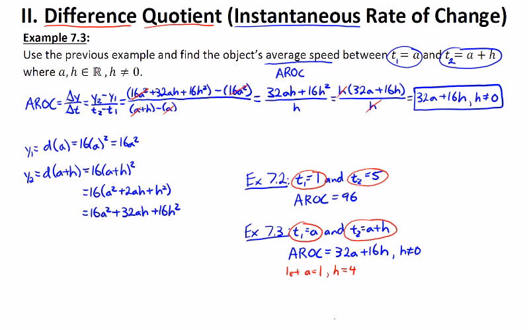So now I want to take these values of a and h and substitute them into the AROC calculation from example 7.3. So this will be 32 times 1 plus 16 times 4. That's going to be 32 plus 64, which ends up giving us 96, which is exactly what we calculated for example 7.2.